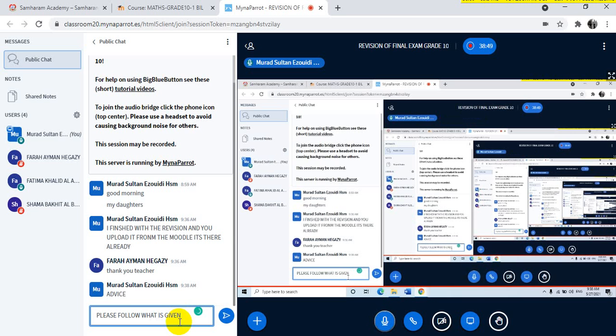Okay, don't disturb yourself while revising. Just try to repeat these questions one by one, and also in the final exam it will be like that. Maybe I will change some numbers, but the same instruction. Clear?